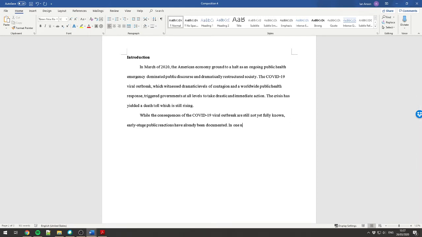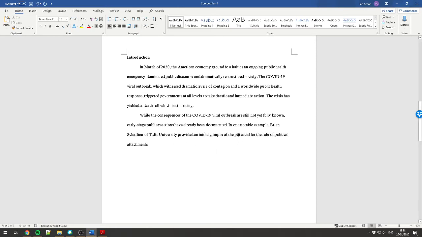In one notable example, Brian Schaffner of Tufts University provided an initial glimpse at the potential for the role of political attachments.